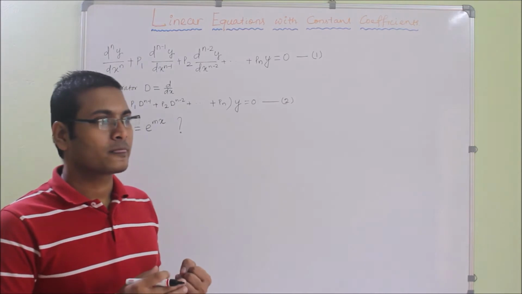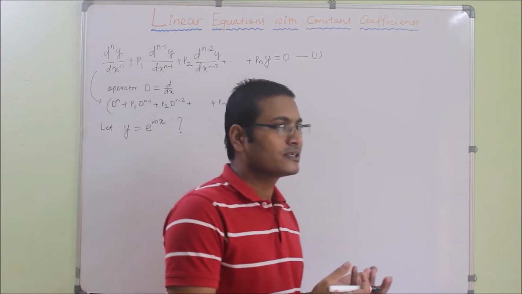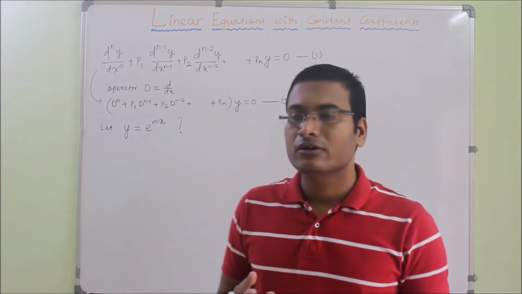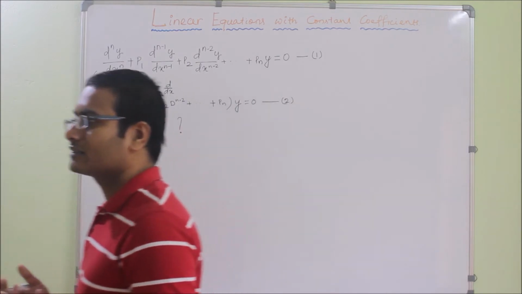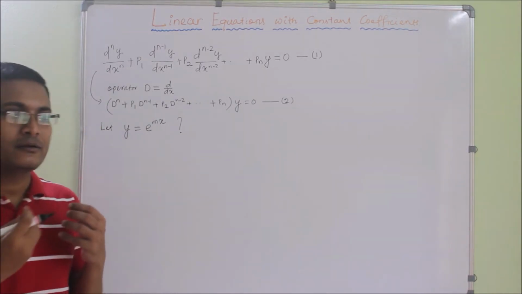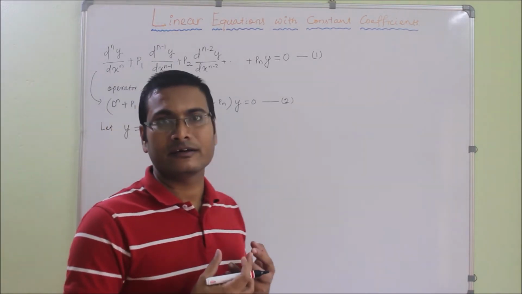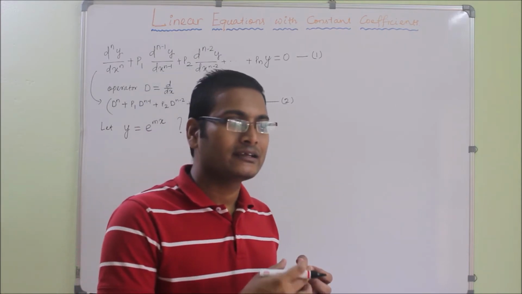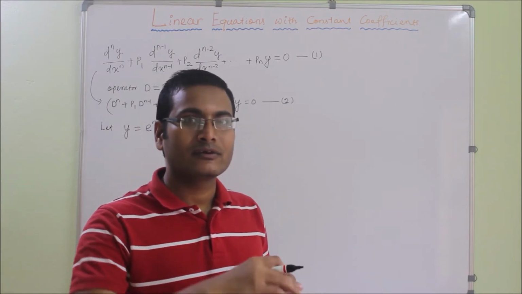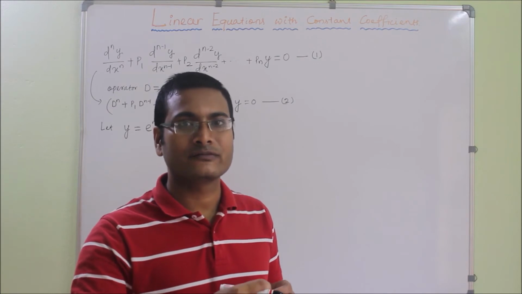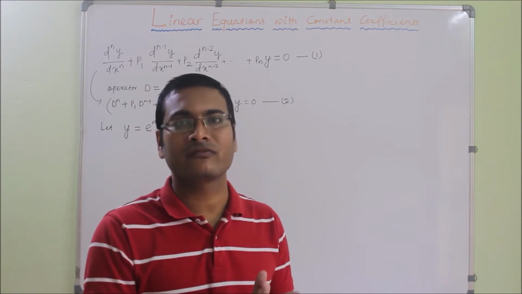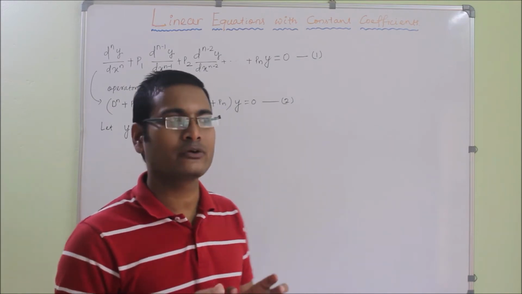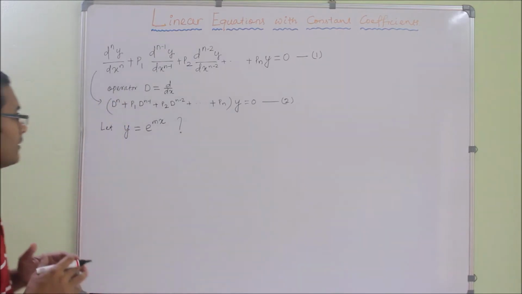Or if you integrate an exponential function, the result is also an exponential function. That is the major benefit we get here. After applying the derivative we get the same exponential function, so we can take it common and find the solution very easily. That's why we are taking e to the power mx.